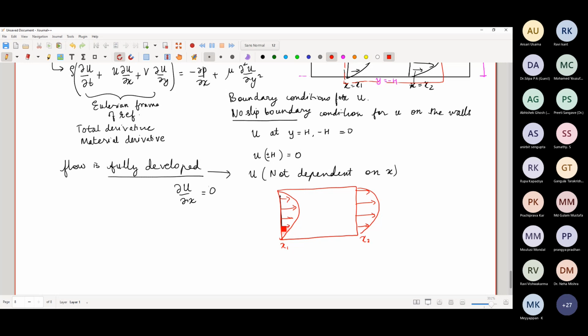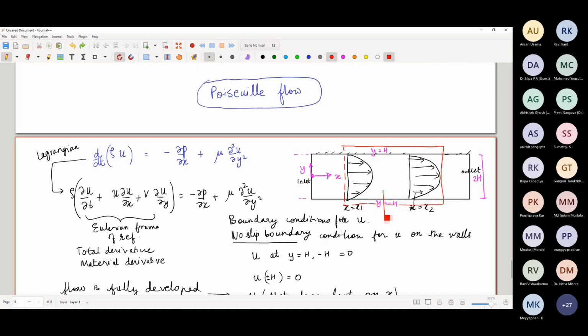Yes, sir, because mass is conserved. But mass being conserved does not by itself mean that the flow through this and this are equal. It could also mean that some flow is leaving through these surfaces. But in this particular case, because the flow is bounded by walls, there cannot be a flow in this direction or in this direction.